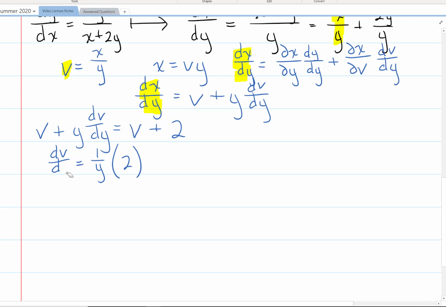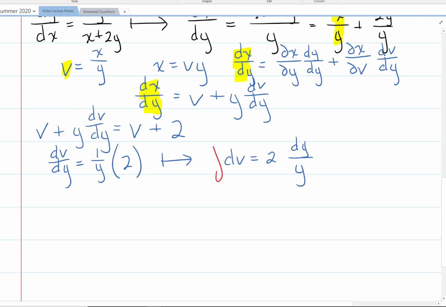That's a dv dy. Because when I subtract v from both sides, it disappears. And so I get just 1 over y times 2. That is certainly separable, right? So it ends up becoming just simply dv equals 2 dy over y.